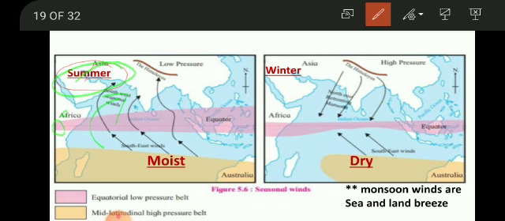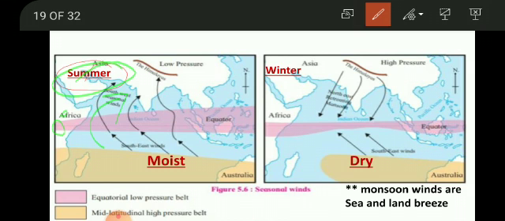You know very well, during summer, it is the same phenomenon, the same logic as we have seen in land breeze and sea breeze. During summer, the land gets heated, temperature high means pressure low, and when there is low pressure, the wind from high pressure will move to low pressure, because the water body is comparatively cooler.